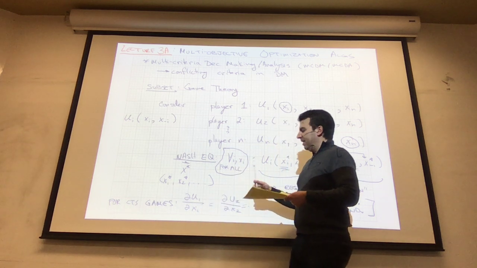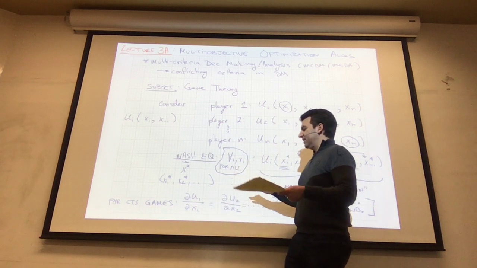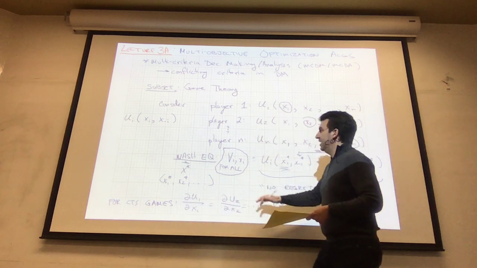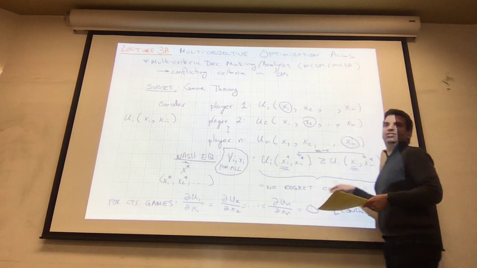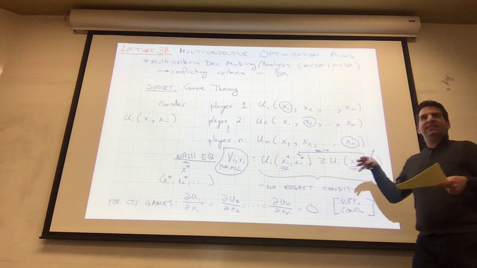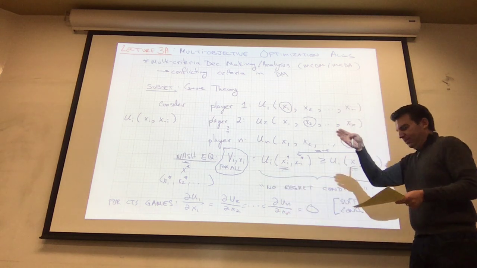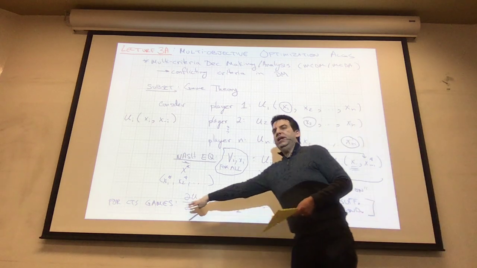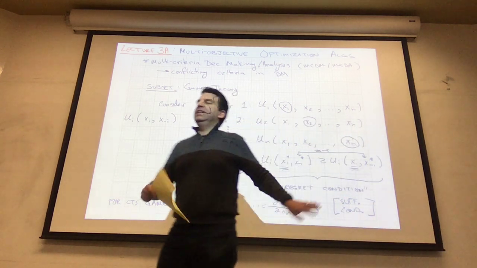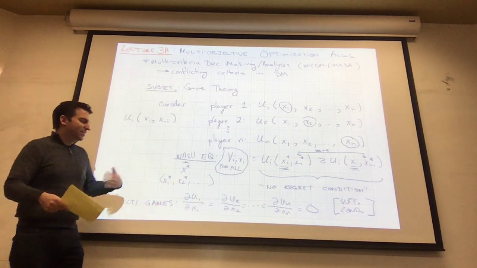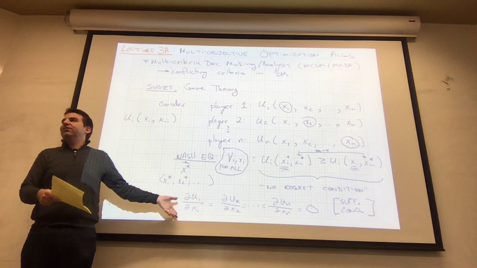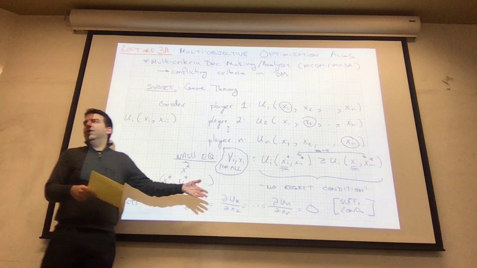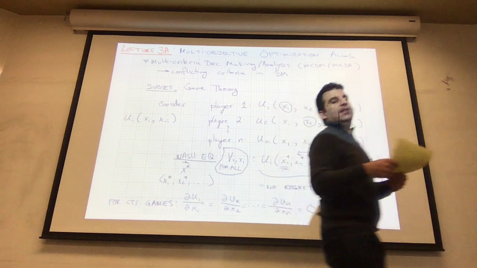And under a few conditions on the way in which these utility functions relate to each other, if everybody's just locally following a greedy algorithm, then you end up landing in these Nash optimal solutions. So you just locally do what's best with respect to your little local gradient, and you will end up landing on one of these equilibriums.